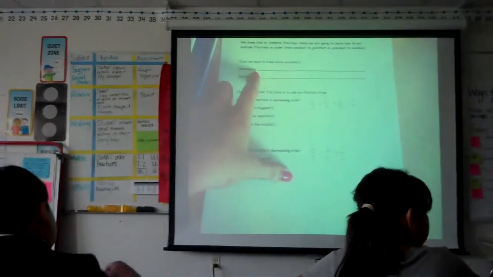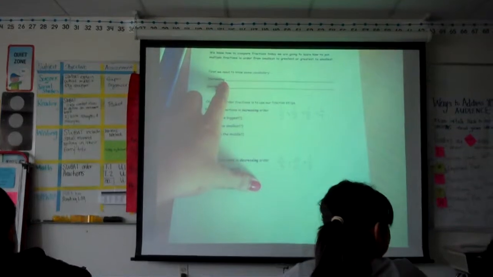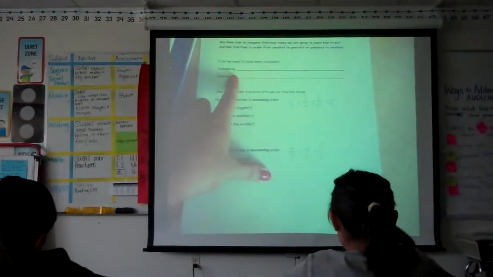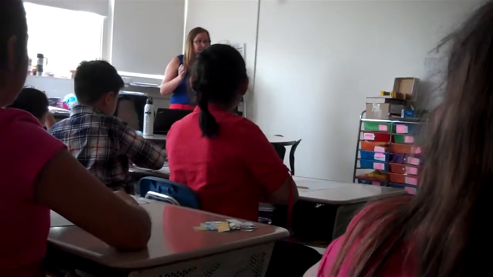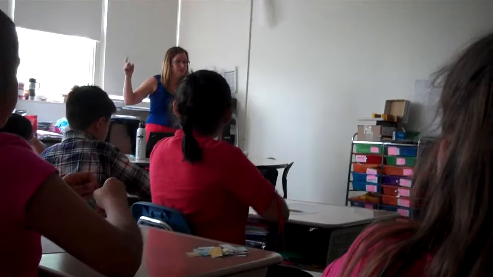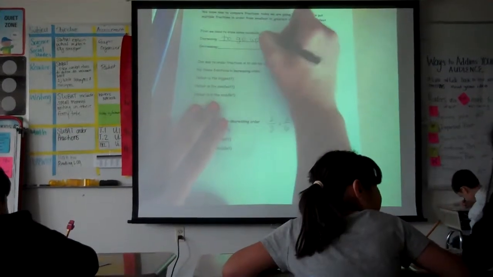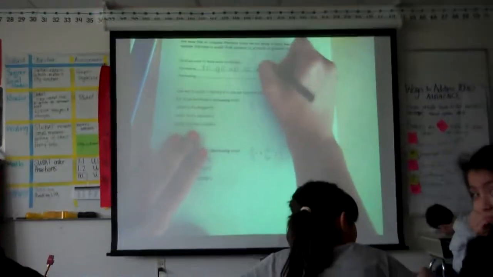So two words we need to know when we're putting fractions in order are just going to be the word increasing. Does anyone know what the word increasing means? Andrea? Like more of something. Increasing means to get bigger. To go up or get bigger.